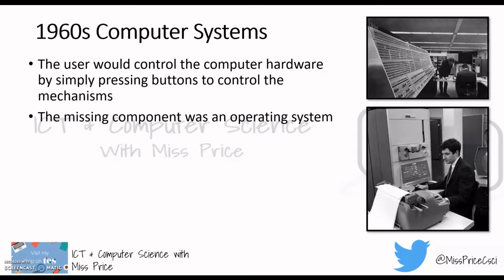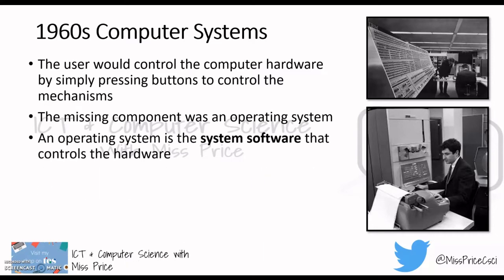The missing component was the operating system. The operating system didn't exist. An operating system is what made computers very user-friendly, and it is the system software that controls the hardware. Back in those days it was buttons that they would push to program the computers and make them work.